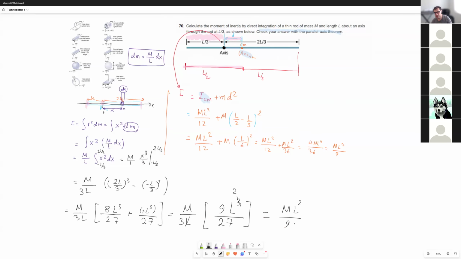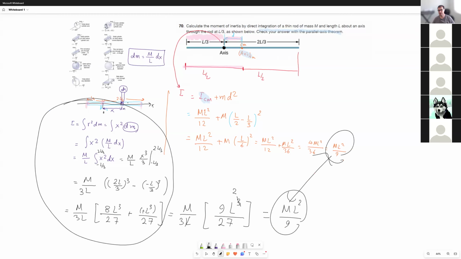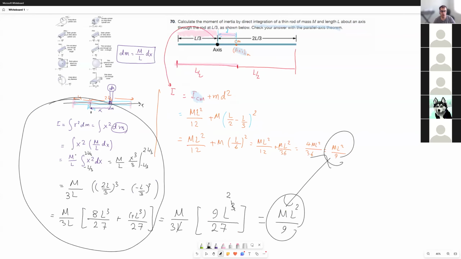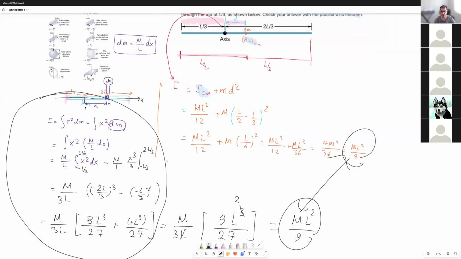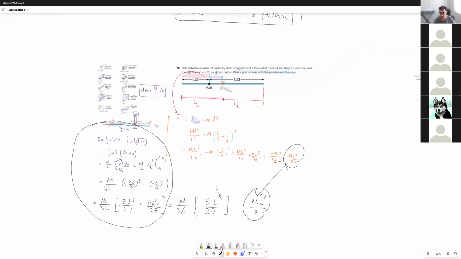So exactly the same result by direct integration. I'm not going to ask you this in the final exam, but it's good to know how this is derived, especially if you're going to take Physics 142 later on.